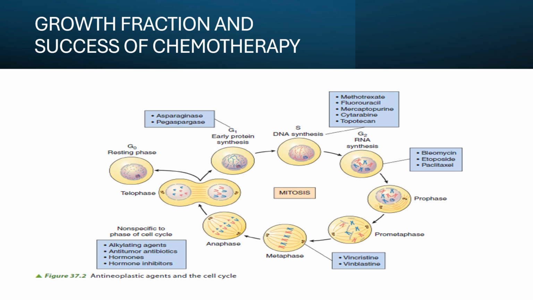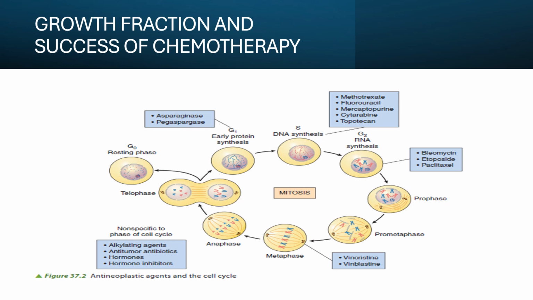Antimetabolites such as fluorouracil, 5-FU, Adrucil, Carac, and Efudex are the most effective during the S phase.